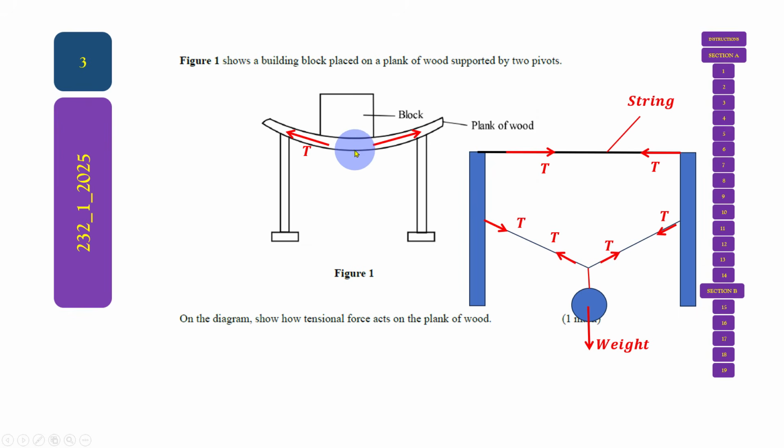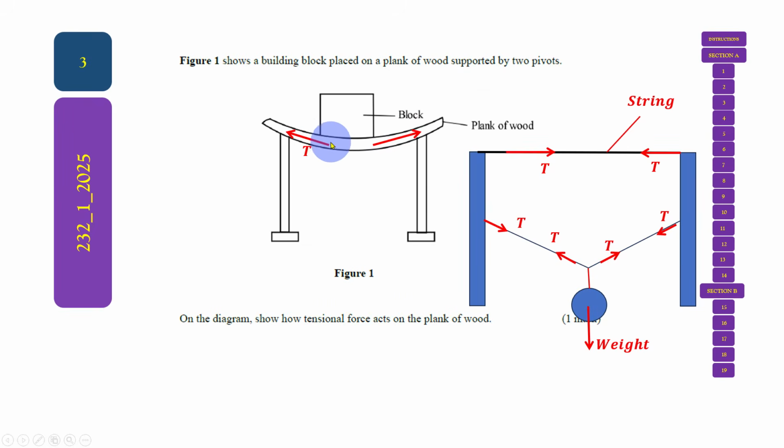Similarly, we want to show the amount of force which is exerted by this plank at this point, because the force which tends to make this plank sag acts at this point. So we want to show how the force exerted by this plank at this point acts. We want to determine the direction, and it can only be in this direction.